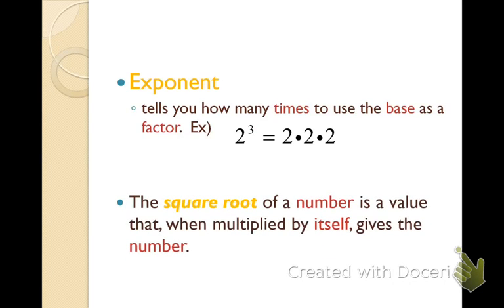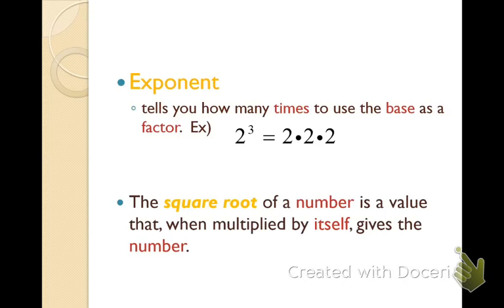Okay? Some more vocabulary for you. Exponent. Right? Because I've heard of an exponent before. So the exponent tells you how many times to use the base as a factor. And factor is one of those words that we tend to lose sight of in meaning as we progress through high school also. But a factor or factors are any two quantities that we're going to multiply together.